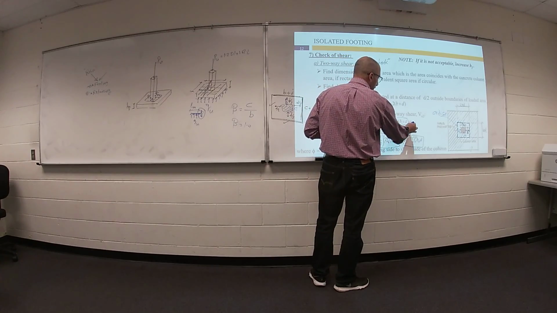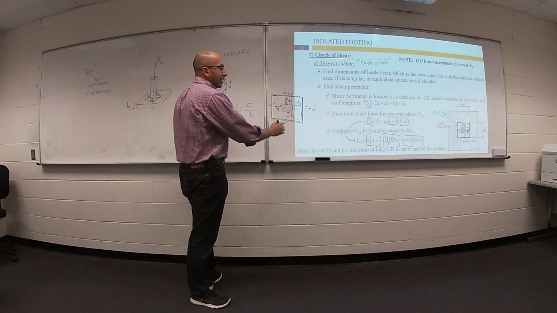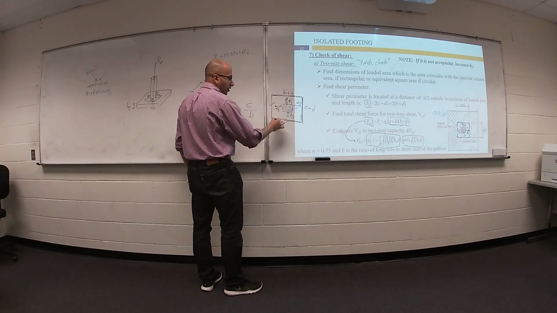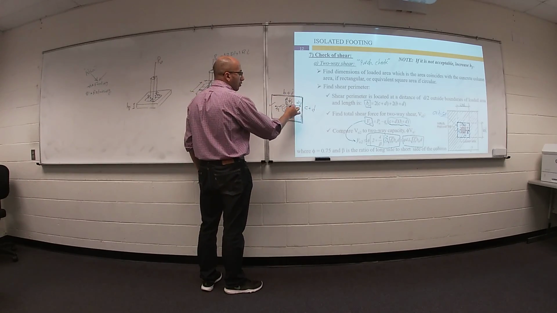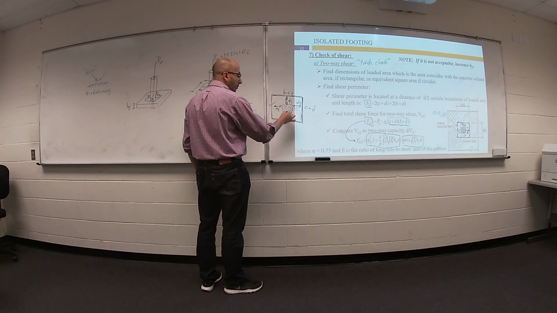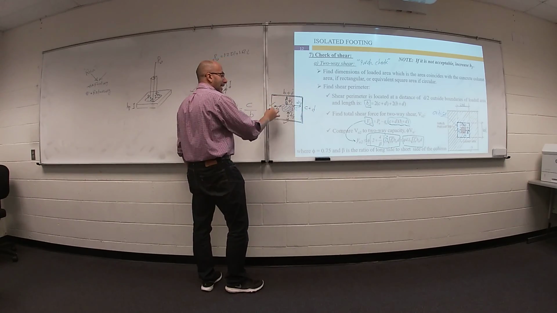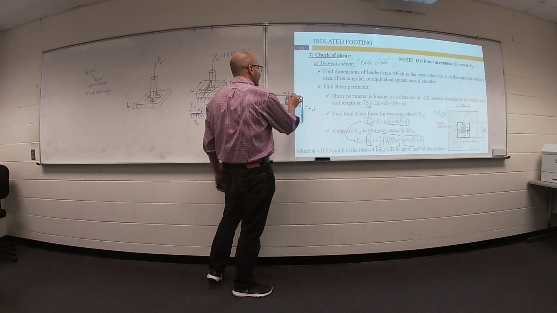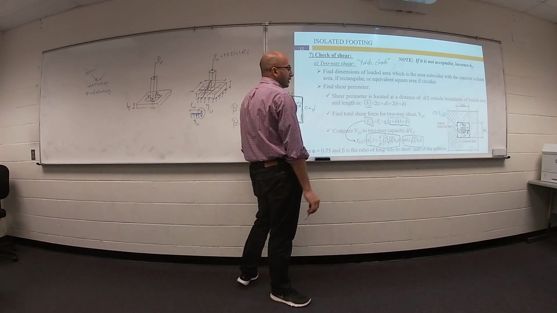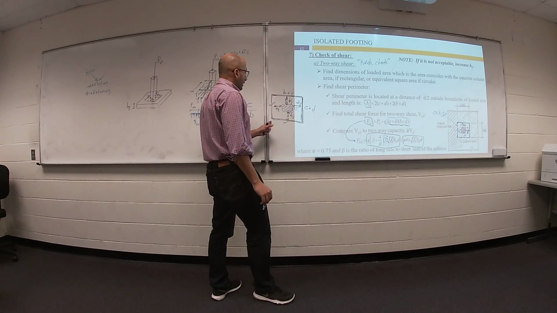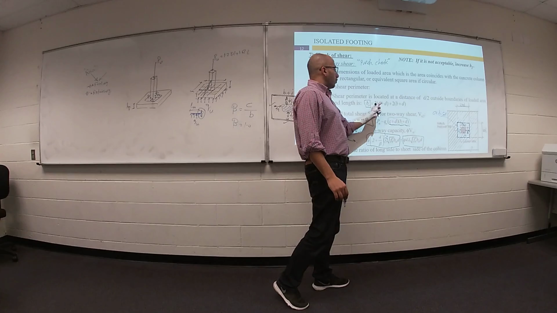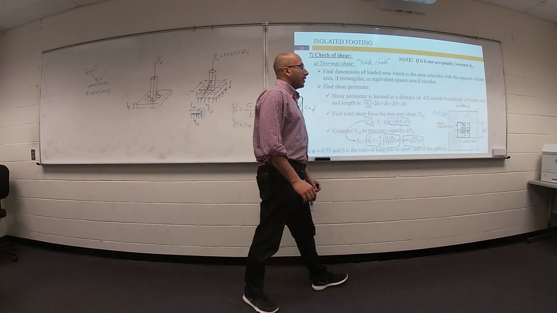Why this formula? I told you the critical section for punch is d divide 2 from each side of your column. So this area will be b plus d times c plus d, and the perimeter for this area equals 2 times plus 2 times.